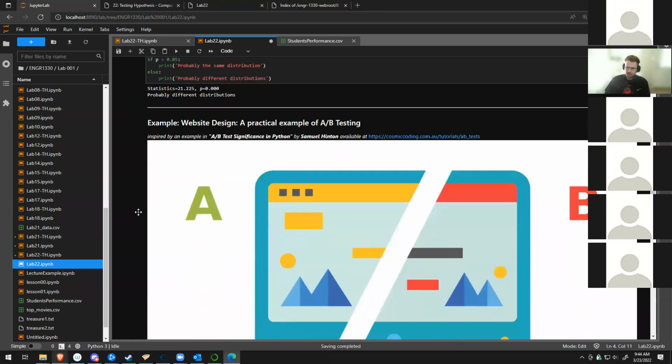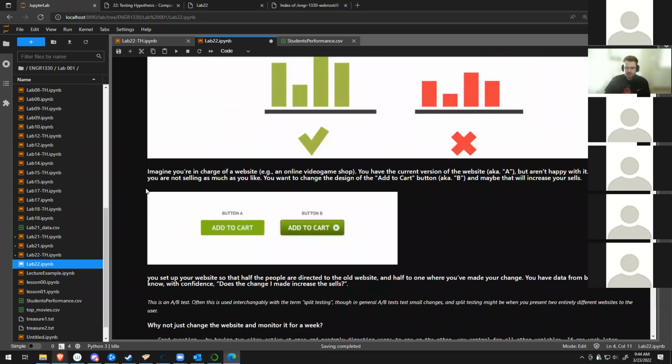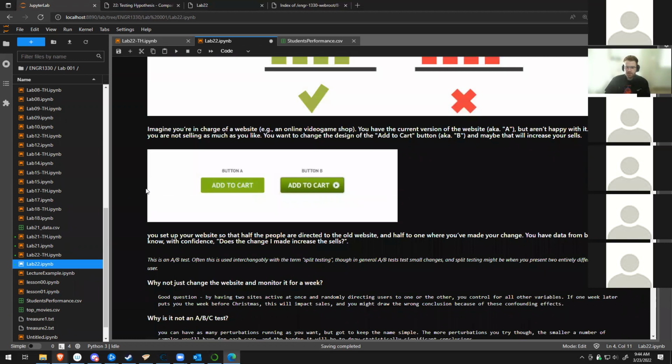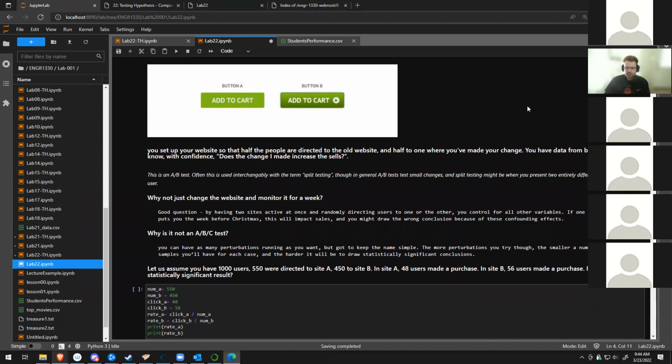Okay, let's look at another example. Let's imagine we're in charge of a website and we want to track some sales. We want to change the design of our add to cart button because maybe it'll increase our sales. So what we do now is I go to a group of people.